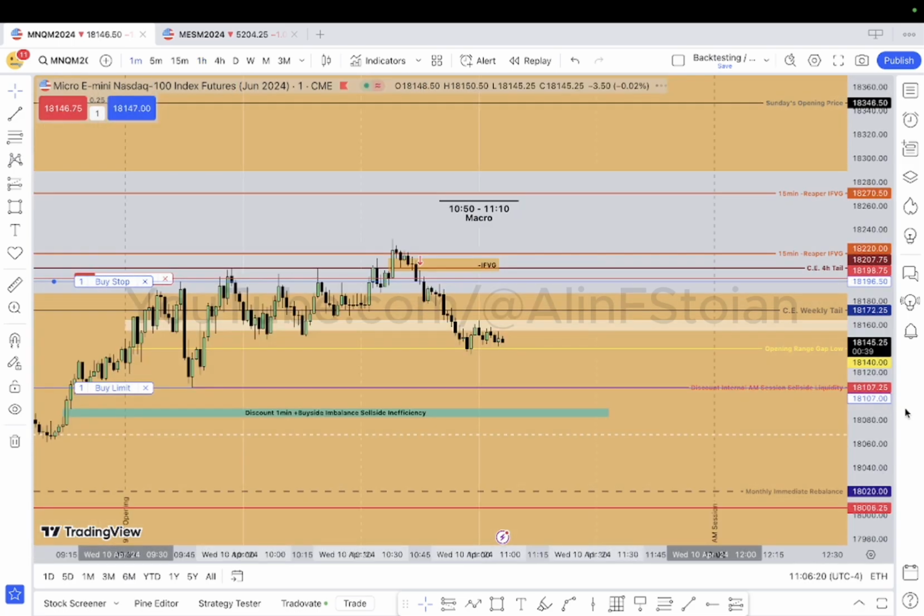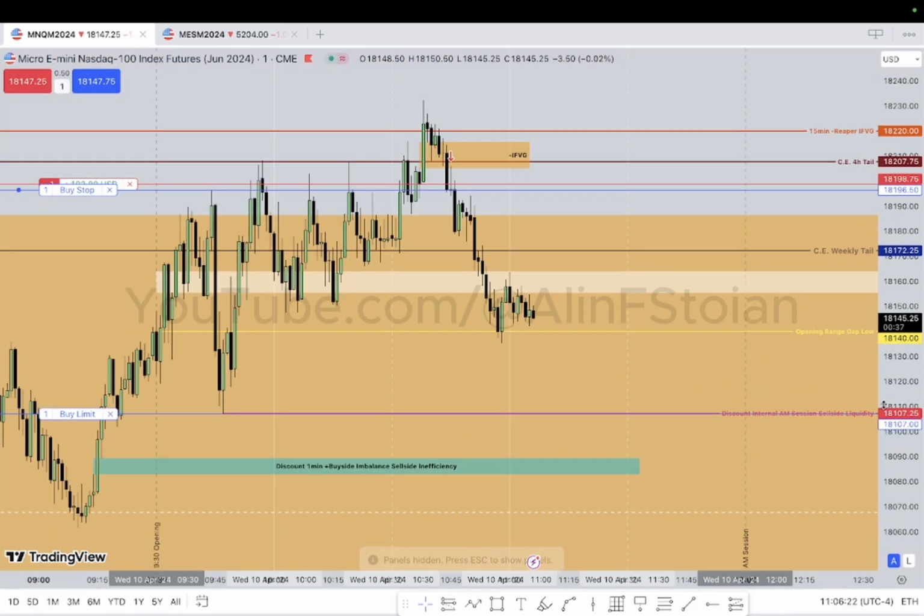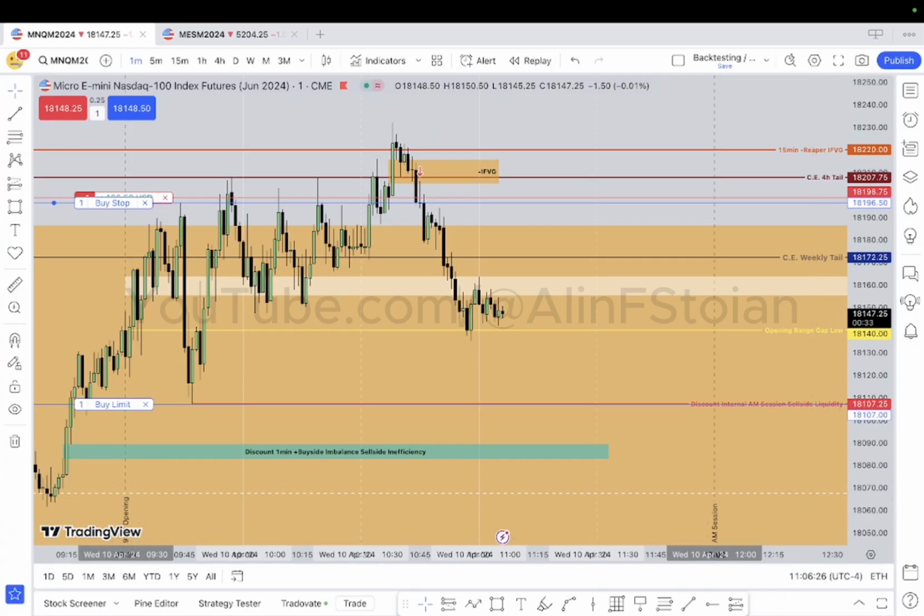I believe I'm well positioned in this current trade environment. The market has no reason to go above that high, and if it goes, then I'm wrong. But what I would expect is even lower prices than my take profit.